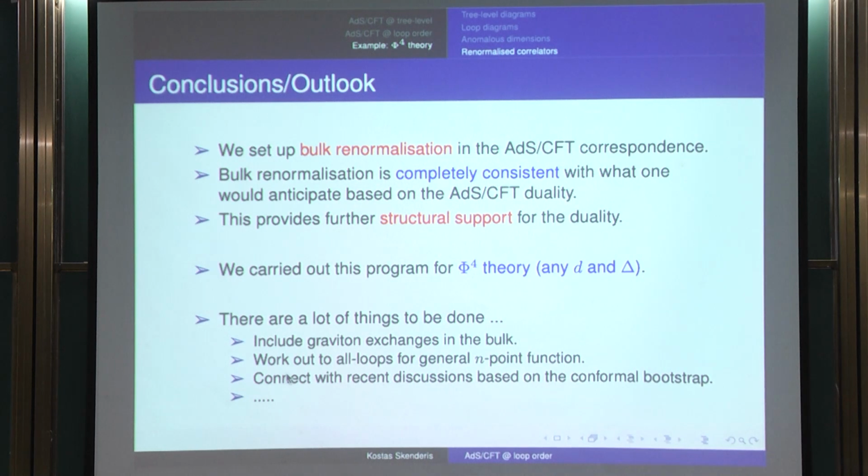And of course, I have only done the left-hand side of the duality, and as I started saying, there's a lot of interesting work on the right-hand side from the CFT perspective. I think, again, the next step is to start properly matching the two, because people have done a lot of good work on the CFT, but they were at most heuristic on the gravity side. So now that we understand the gravity side, we should go back and put all of this on firmer footing. Okay, thank you.